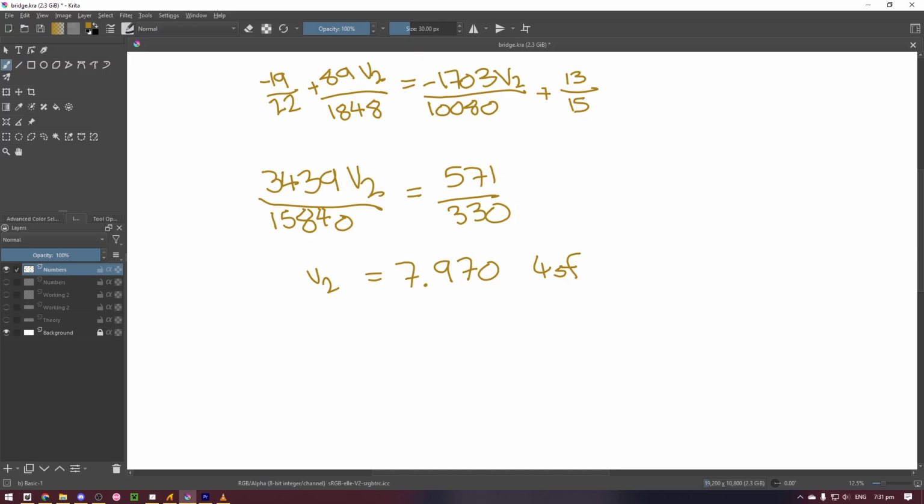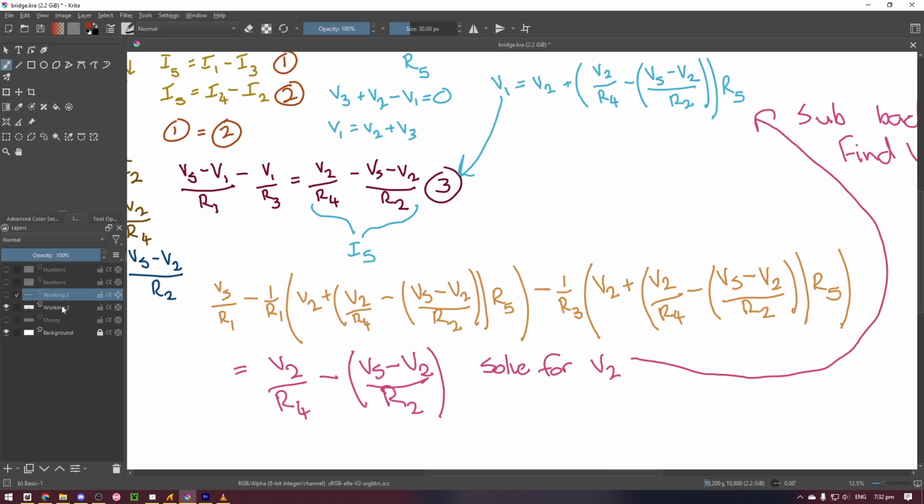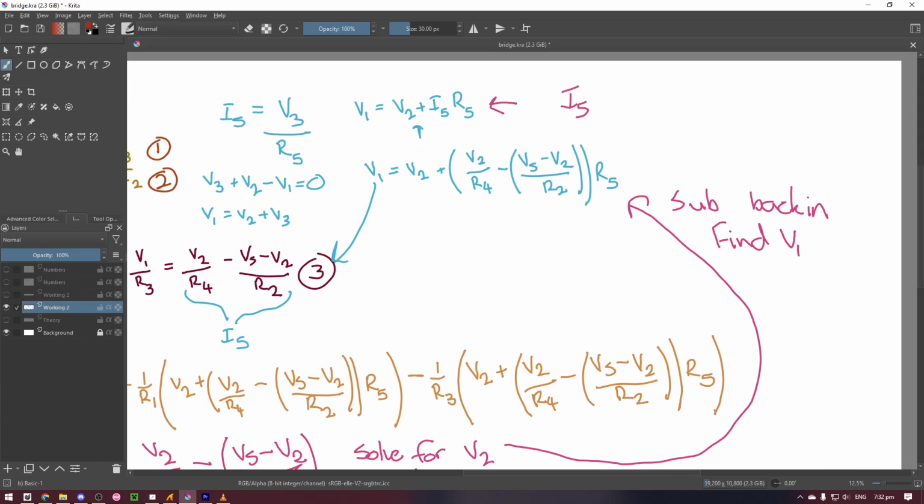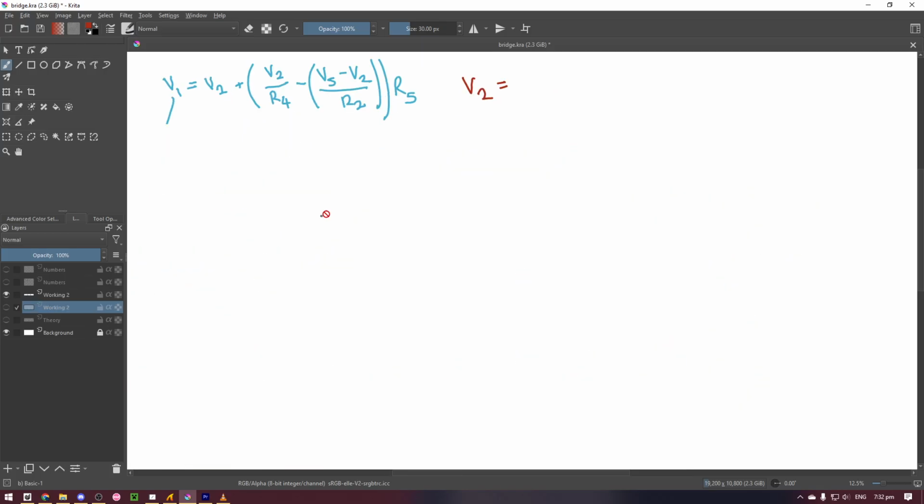I will keep the full value in my calculator because we still need to calculate V1 and then use both of these values in order to calculate I5. Now that we're at this step in the process where we've solved for V2 being 7.97, we can now substitute back into this equation to find V1. We've got the V1 equation here. V2 is 7.97 volts.